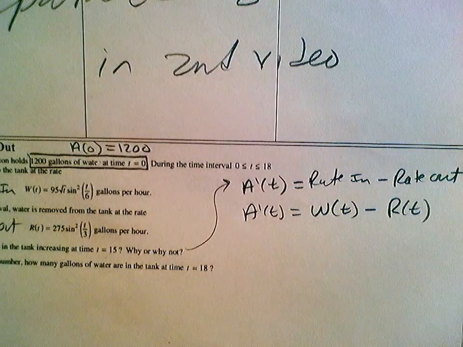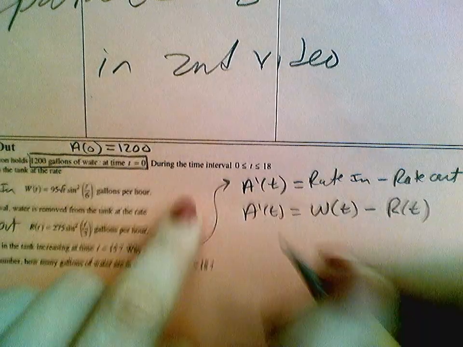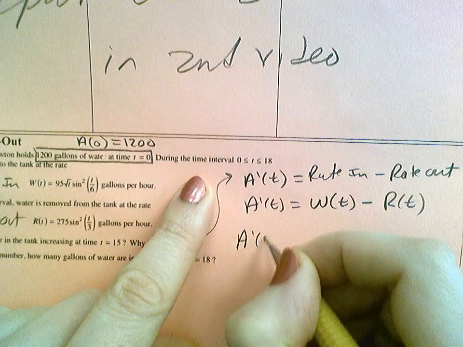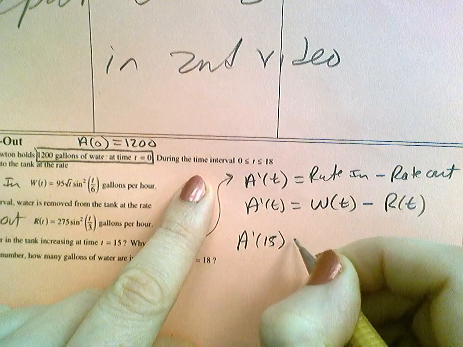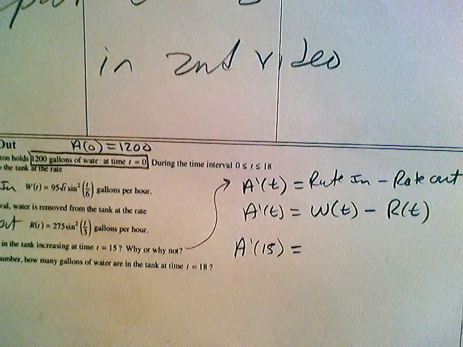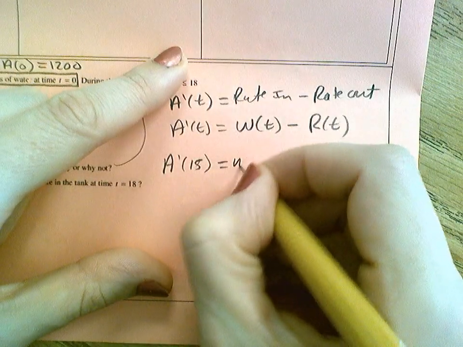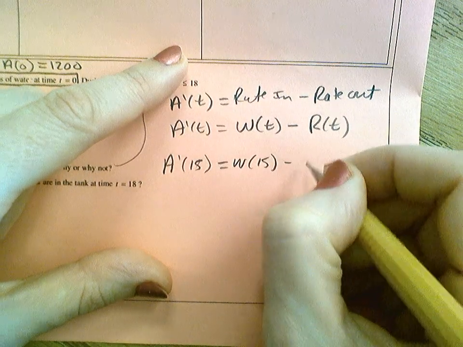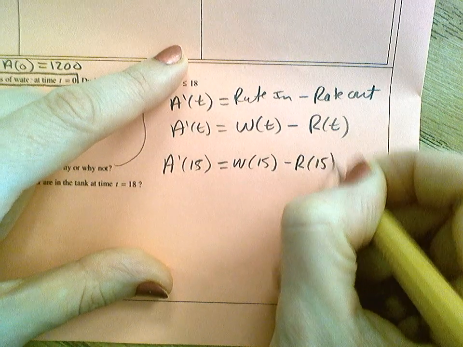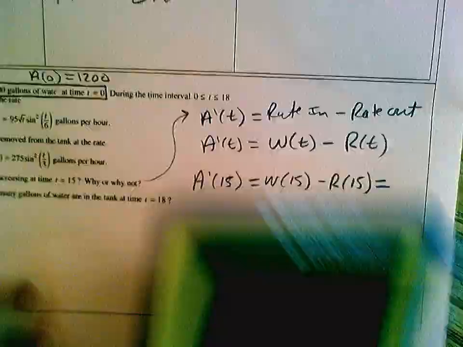Okay, so we've just got to figure this out. So we need A prime of 15 and figure out what that is equal to. And you just plug it into your calculator. So it's going to be W of 15 minus R of 15. And then we'll get that in a minute.